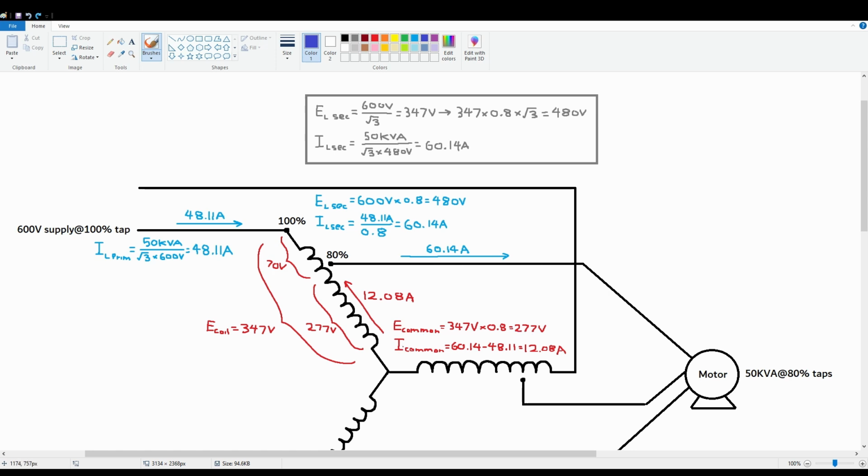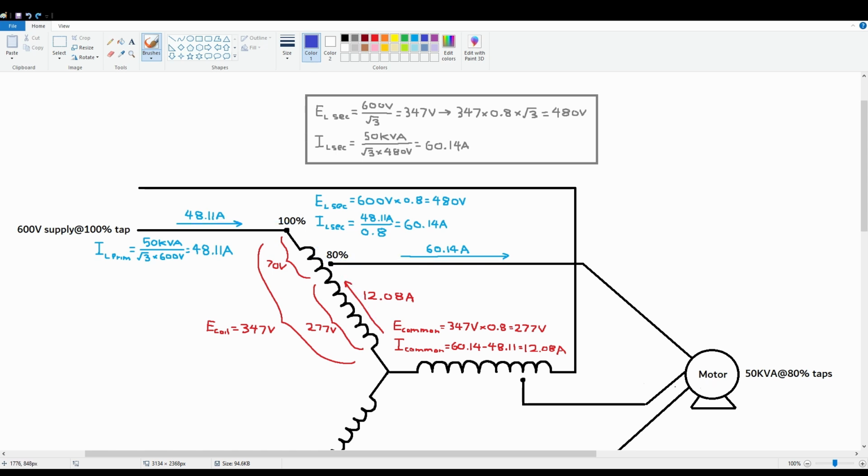And then our current on the common winding is going to be the current on the secondary subtracted by the current on the primary, and you're left with 12.08 amps. And this is how current is flowing. You have 48.11 amps coming through here, and we have 12.08 amps here, and then they add up to 60.14 amps. So it makes sense.